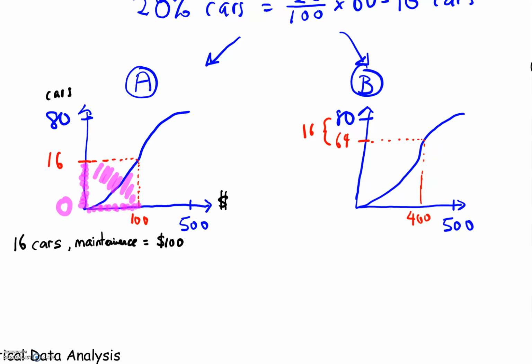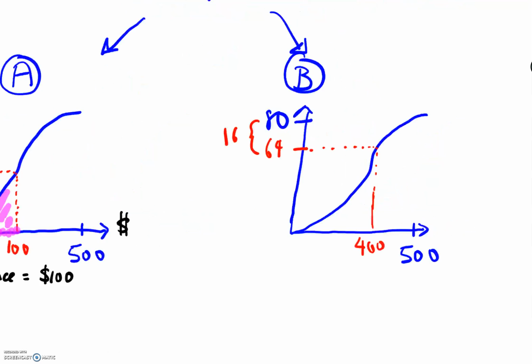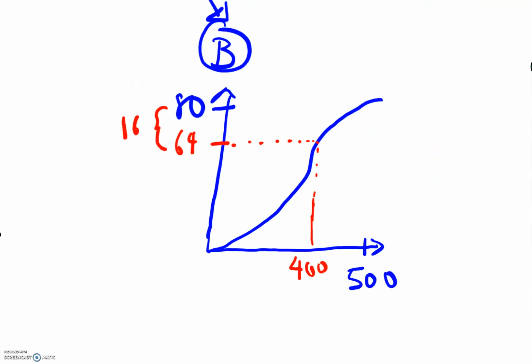Now, let's continue. Let's focus on just B. Now, if I say B, then what can you say about this number of cars? This is still the 16 cars, right? 64 to 80 is still 16 cars, right?